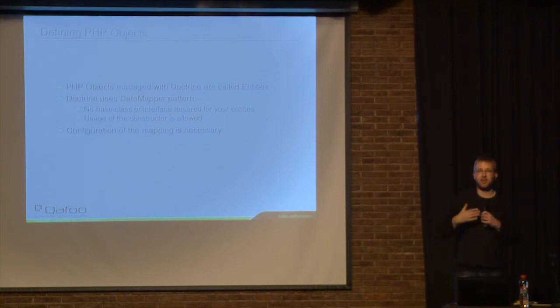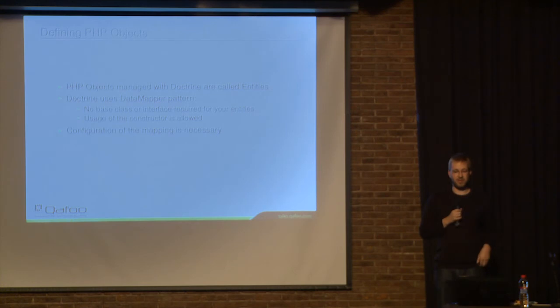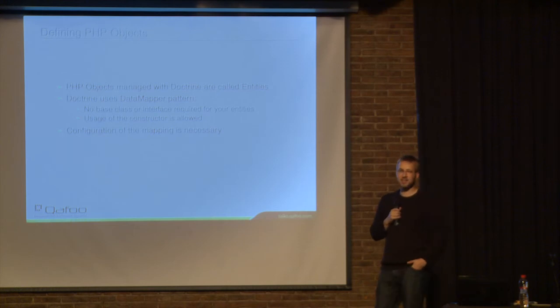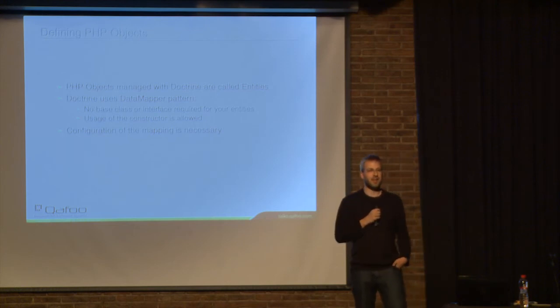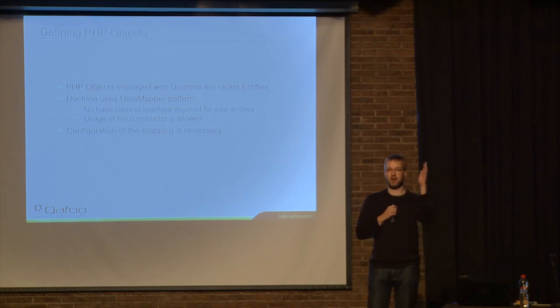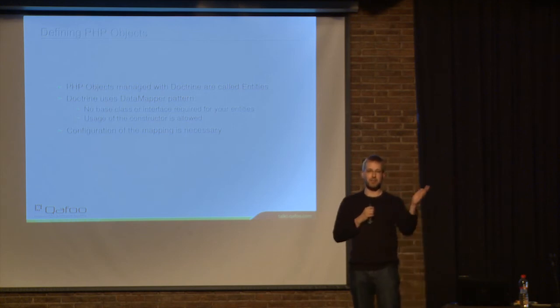If you write a generic database abstraction, object relational mapper, like we did with Doctrine, then we don't know how your applications look like. So we have to provide some API that allows you to explain to Doctrine, my objects are these and that, and they map to these database tables and these columns.